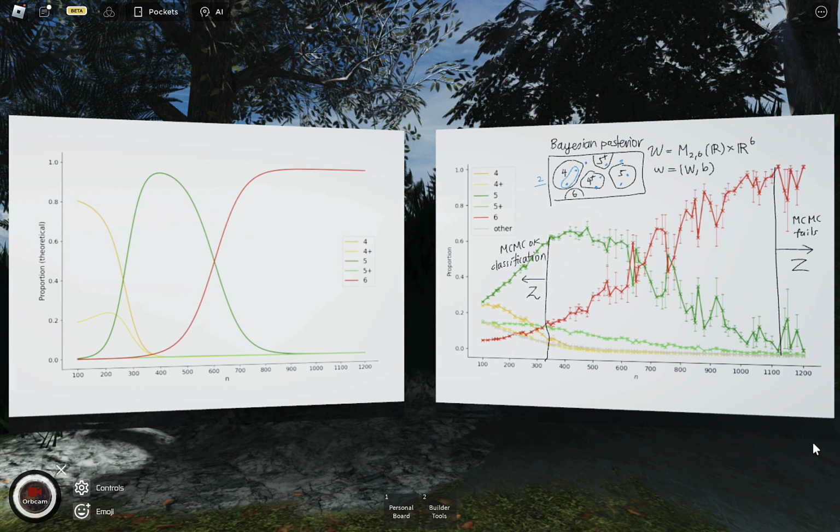The 5-gon does not have the lowest possible loss, but it is simpler than the 6-gon, and therefore it's possible for it to be preferred by the Bayesian posterior for low n. But as n increases, the emphasis on low loss increases, and so the 6-gon is preferred. And this basic story of how phase transitions in the posterior should happen is being exhibited very clearly by the MCMC samples.